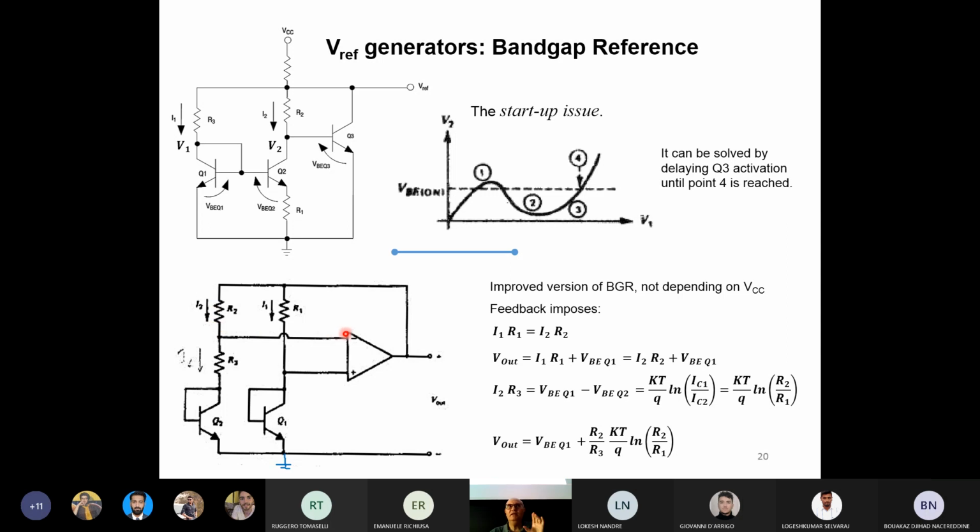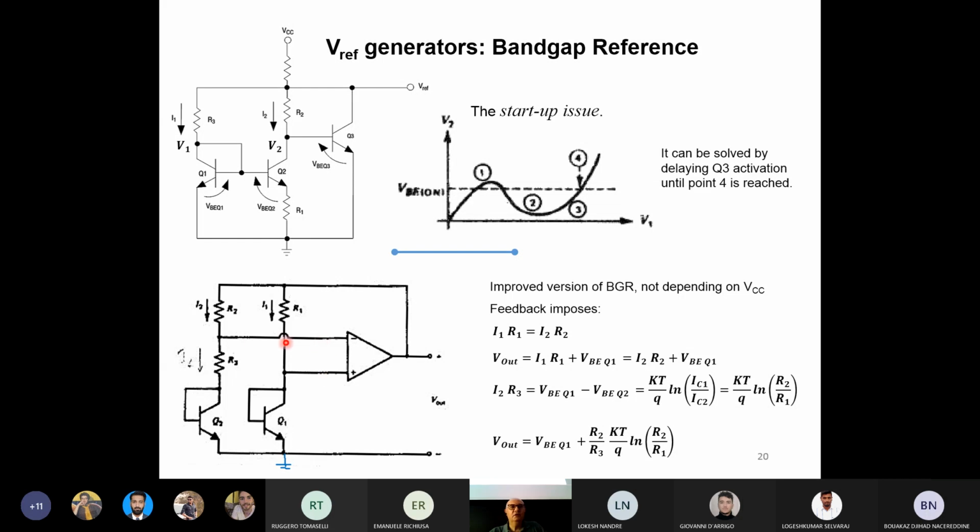If you remember, every time that we have an op-amp with feedback, we automatically can say that there is a virtual short circuit between the two inputs. Okay? So this means that the voltage on the negative input is the same as the positive input. We don't know how much it is, but we know that it's the same.